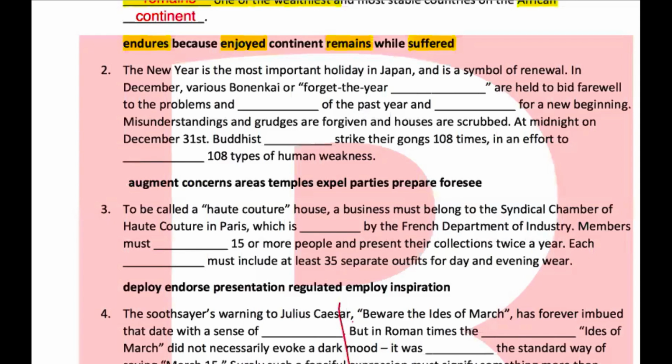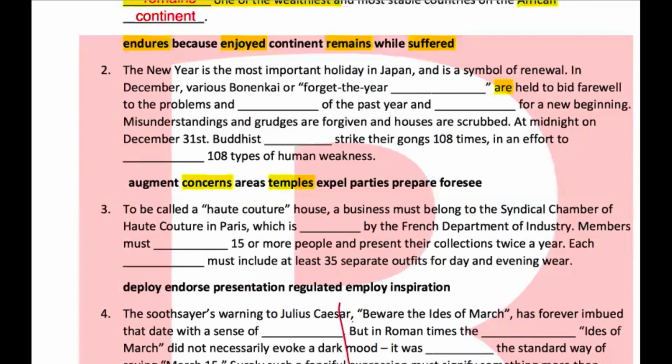Number 2. Again, by using the same method that I showed you for the previous question, I'm going to answer this question. Various bone and kai or forgive the ear are held. Now in this question, we have a clue again, and that clue is are. Are is used only for the plural subject. So the missing word must be a plural word, right? And if you check here, how many plural words do you see?